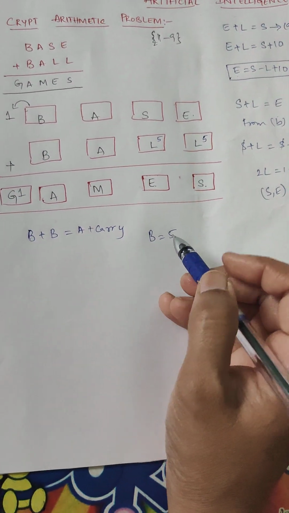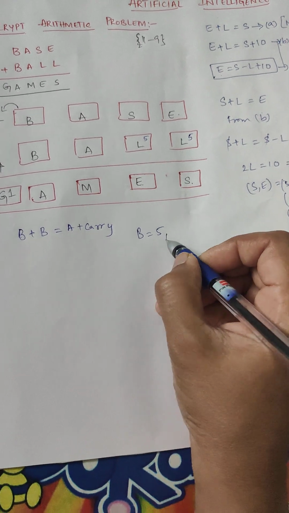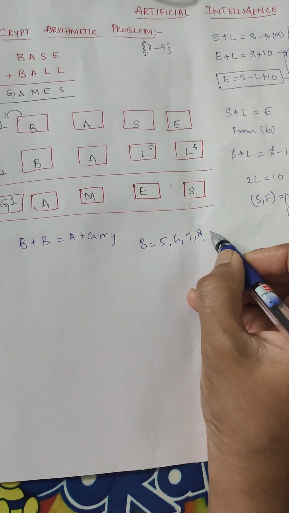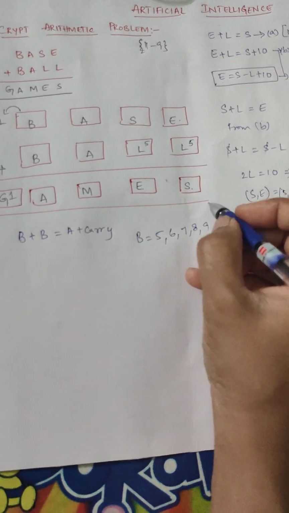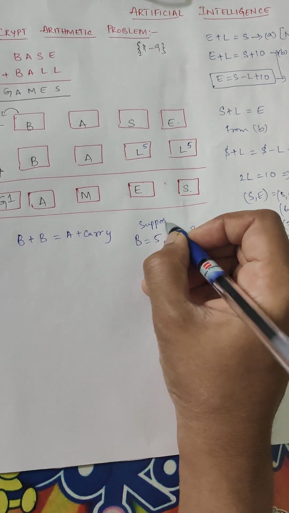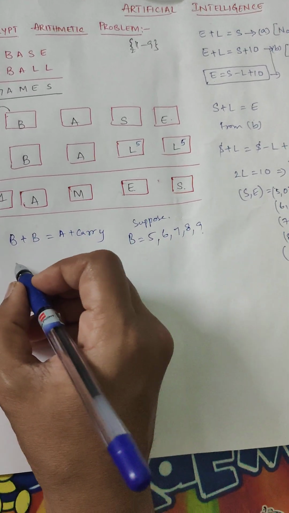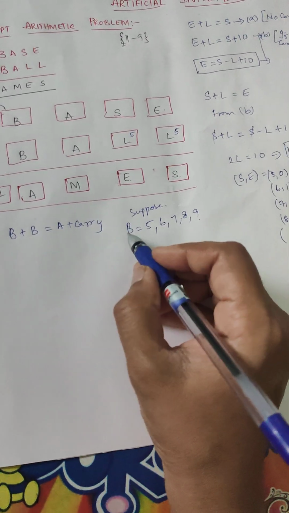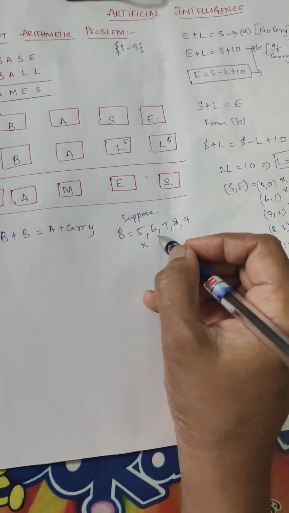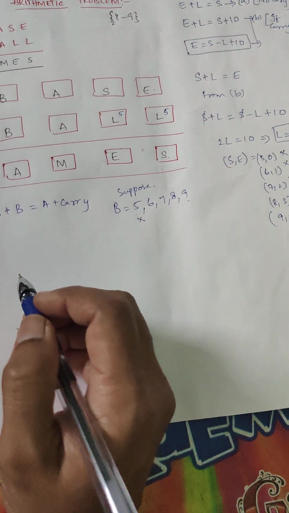So in that way we consider B to be either 5, 6, 7, 8 or 9. These could be the possibilities of B. We are supposing it. Fine. Now can I take 5? No, because L is already given as 5. Can I take 6? Yes, there is a possibility for 6.